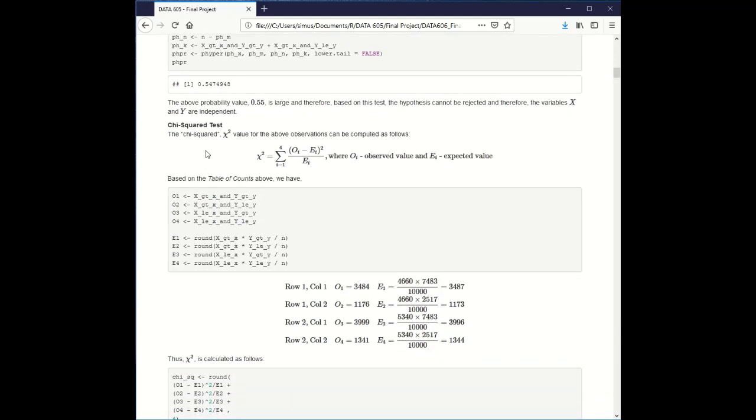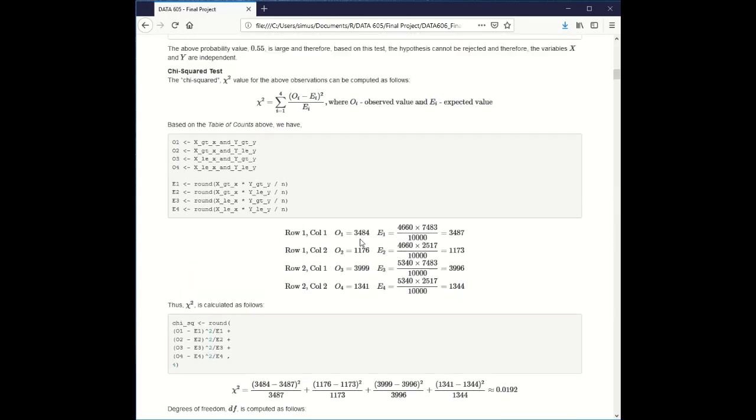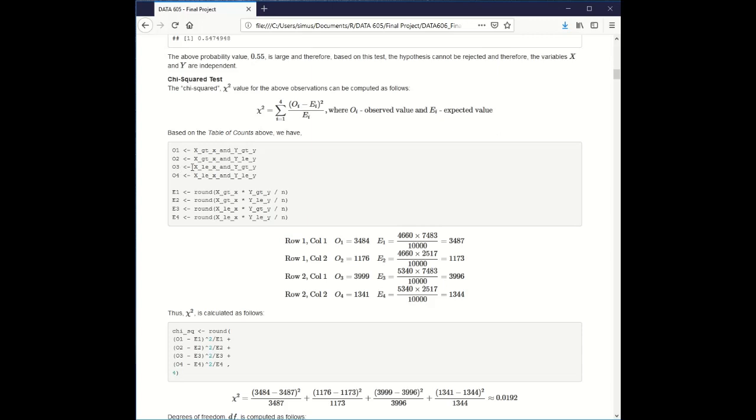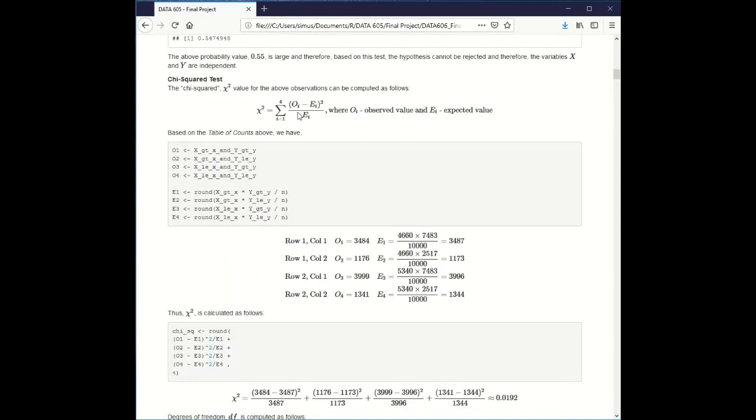And we come to a similar conclusion using the chi-square test. The chi-square test involved a little bit more calculation, where to calculate the chi-square value we need to compare the expected values against the observed values, using the formula given here.